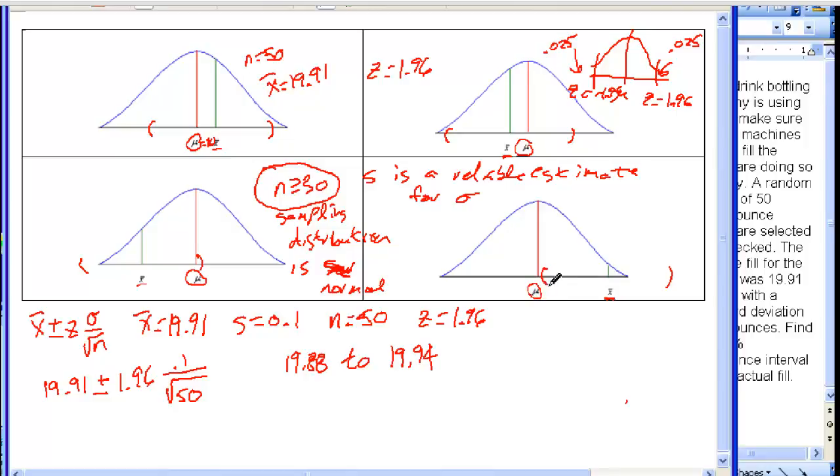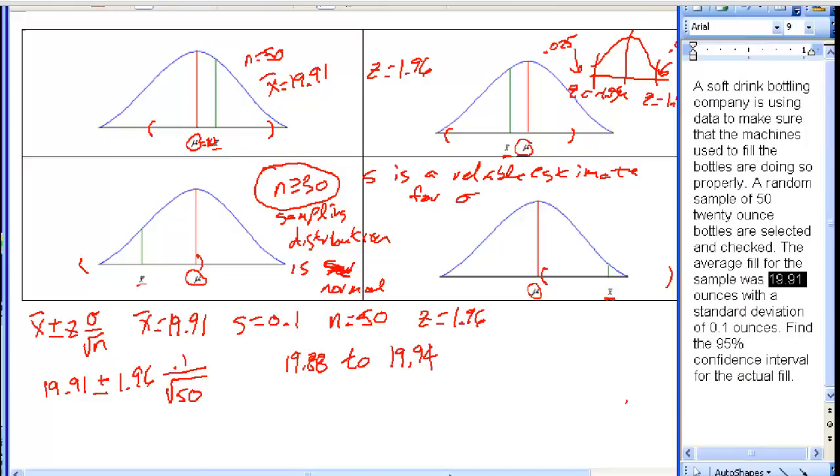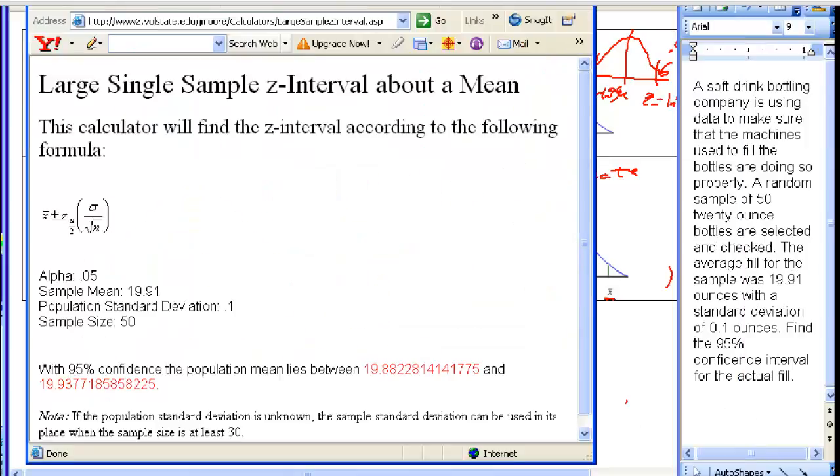There's the population mean not in that interval this time. So since 95% of the time the population mean would land inside of an interval constructed using this method, then we can interpret the interval by saying with 95% confidence the population mean lies between 19.88 and 19.94 ounces in this case.